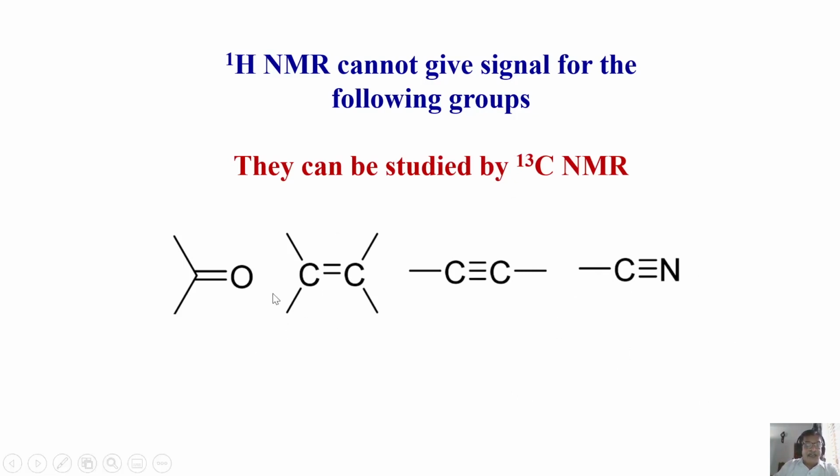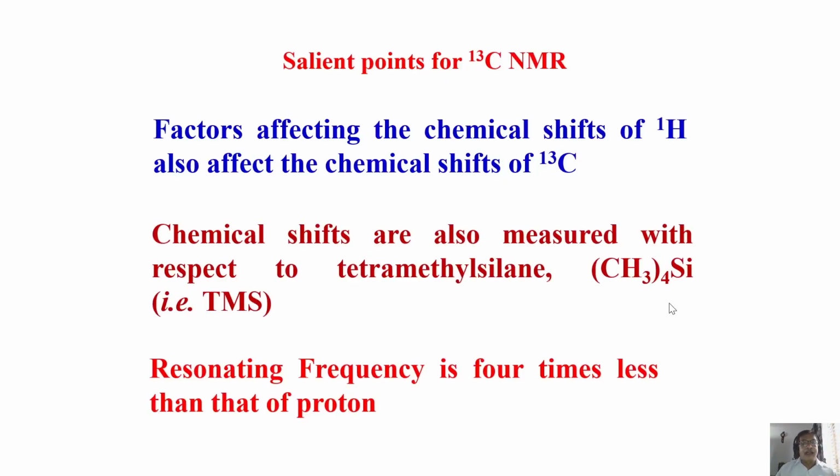On the other hand, I can study carbon here, and all these functional groups present can be identified. So carbon 13 NMR is also very useful. Sometimes information which you cannot get for certain functional groups in the proton NMR, you can get from carbon NMR. Okay. And now salient points you should also remember when you are analyzing the carbon 13 spectrum.